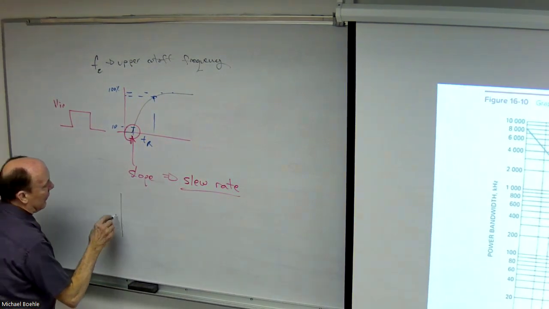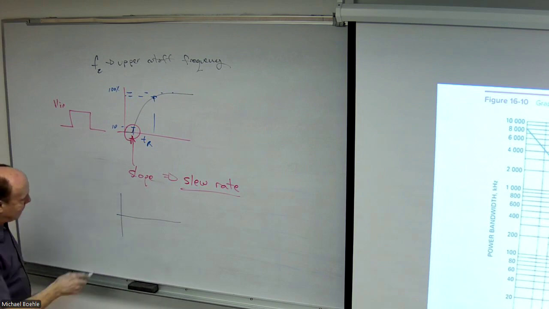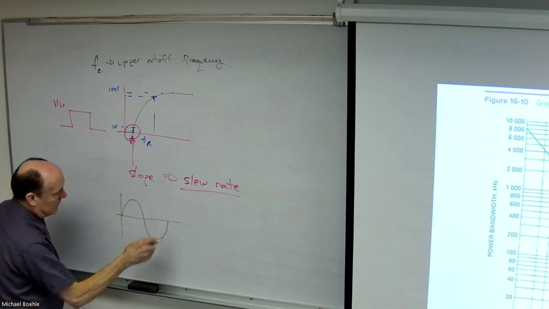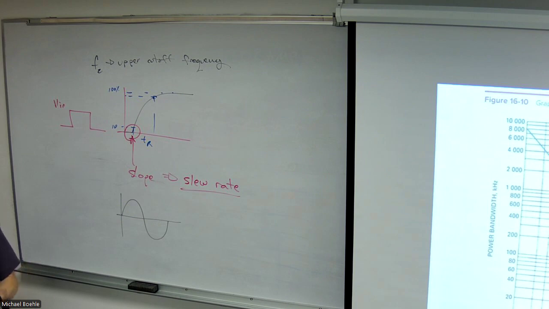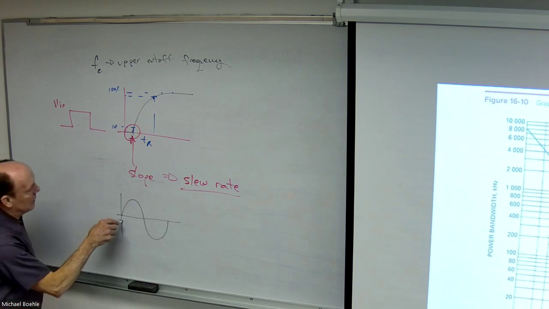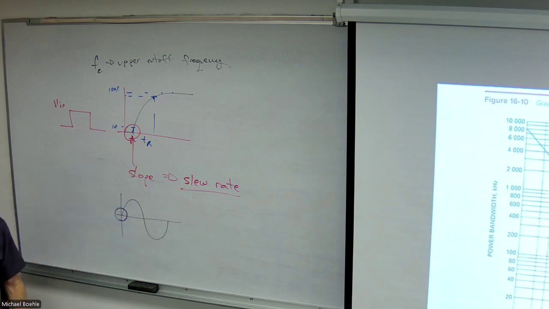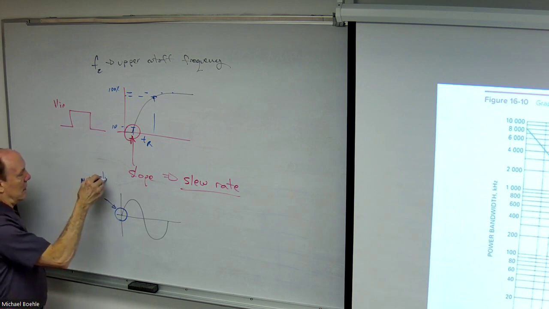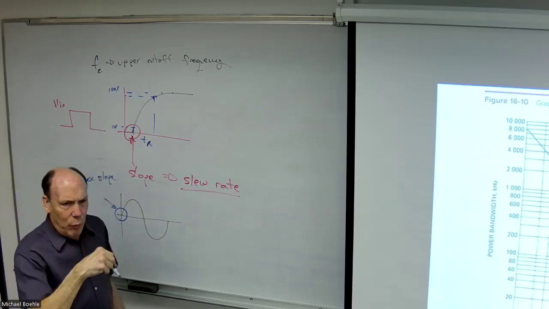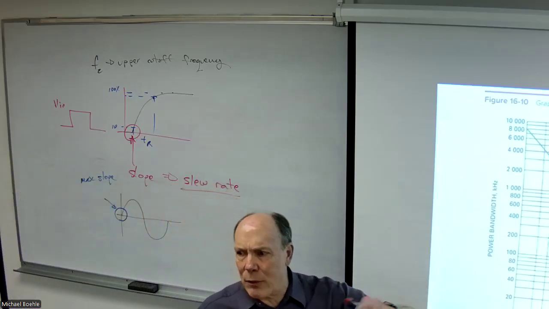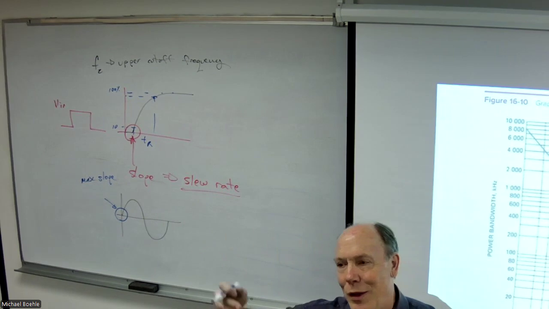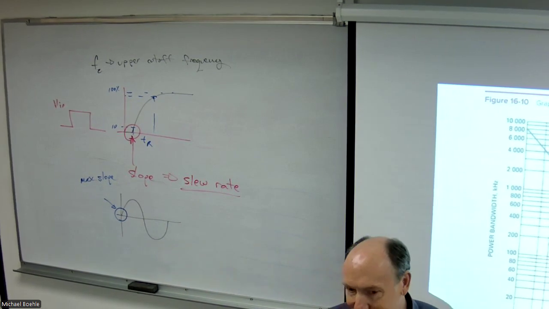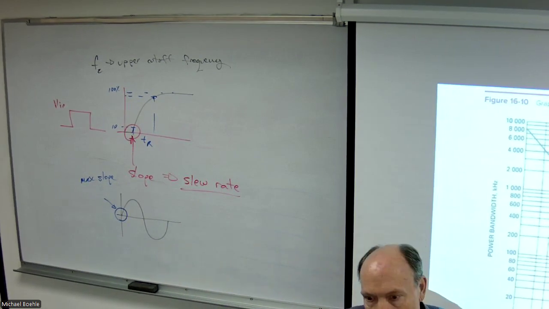Well, when I have a sinusoidal waveform, the maximum slope occurs right there. I went through some of the math for this back when I was deriving the reactance formula for capacitors and inductors.